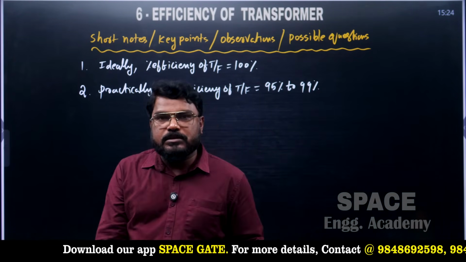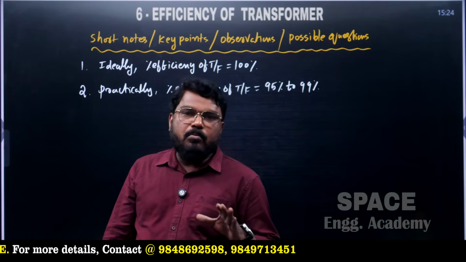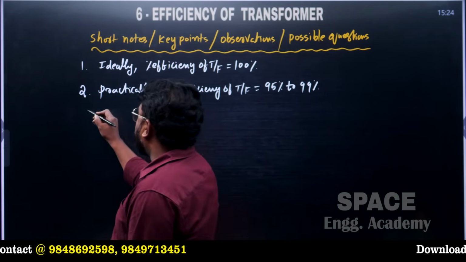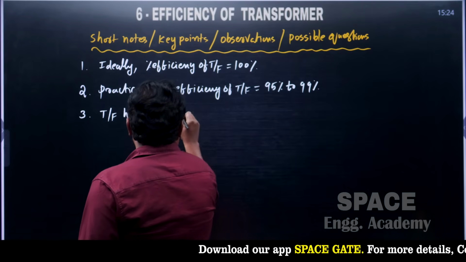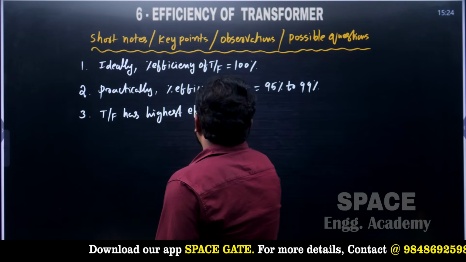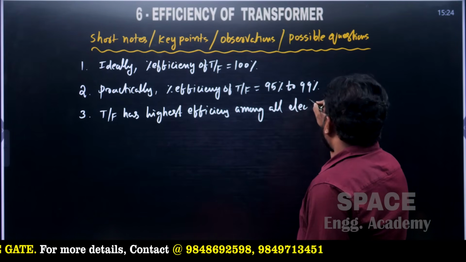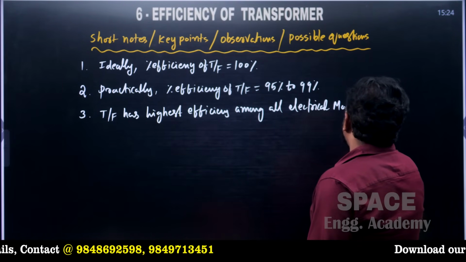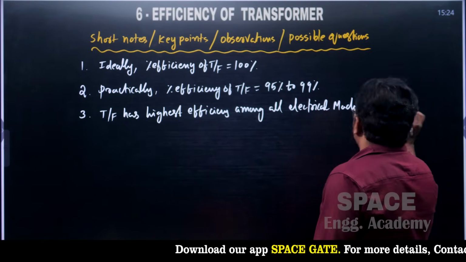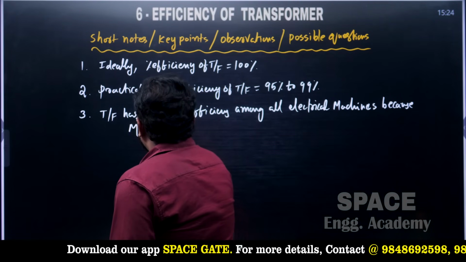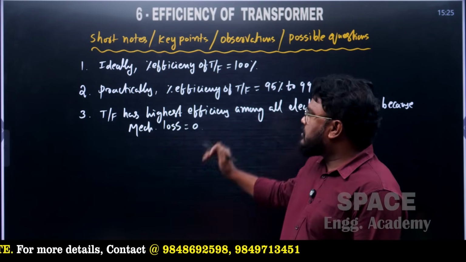The third observation: the transformer has the highest efficiency among all electrical machines, because mechanical losses are equal to 0 in the transformer. And these are the three observations.